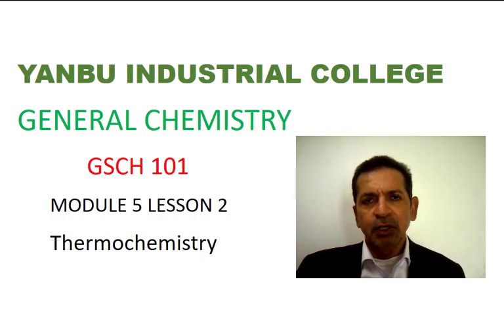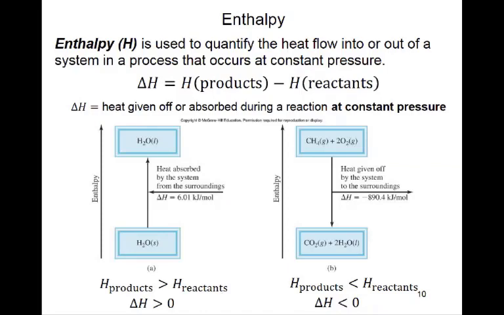In this video, we will learn Hess's law and the calculation of enthalpy by direct and indirect methods. Enthalpy, H, is a terminology used to calculate the flow of heat from or inside the system.